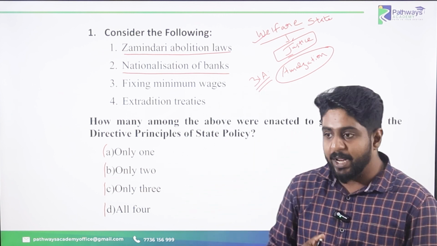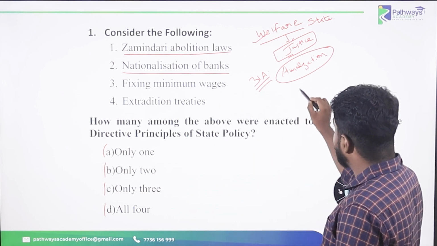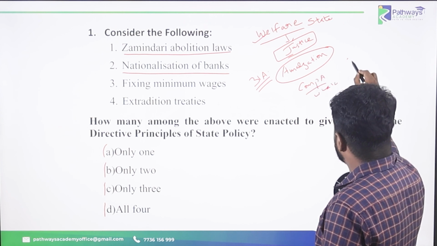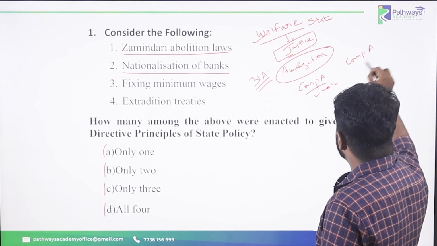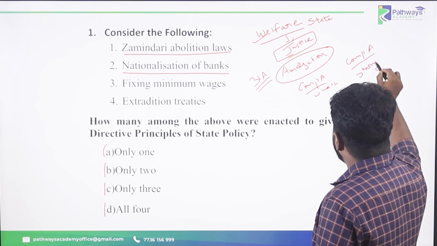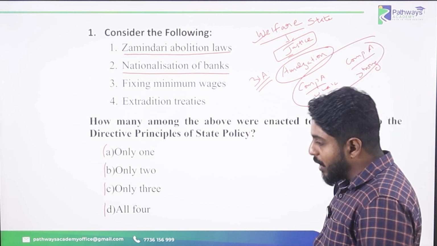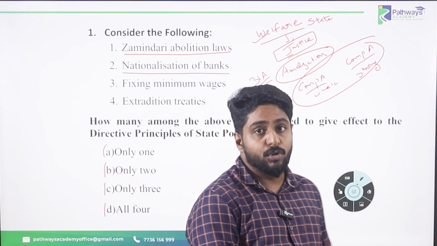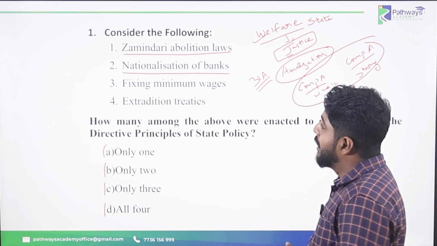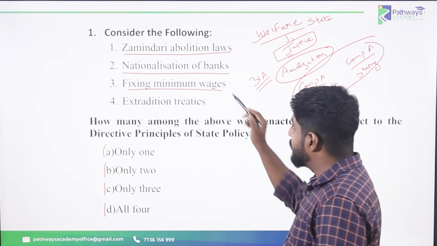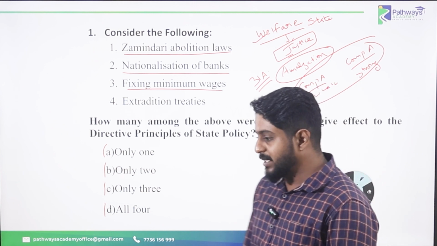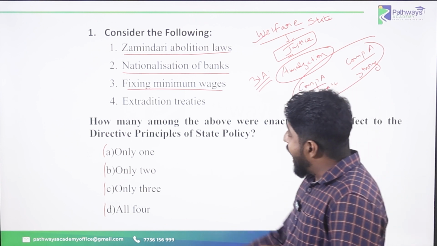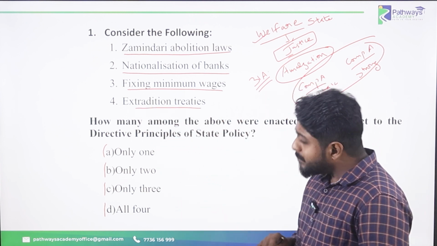That means if one company, say company A, is weak and company B is strong, now the state can frame a law for amalgamating these two corporations or companies. So that also provides for a welfare state. Fixing minimum wages, of course, isn't it? To provide, for example, a living wage, which is part of directive principle of state policy.